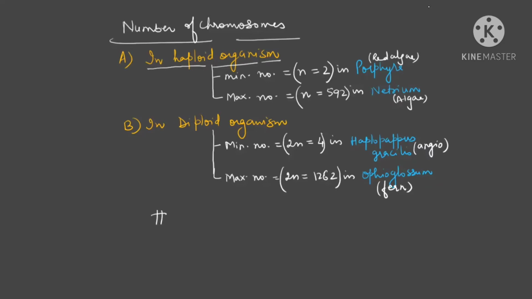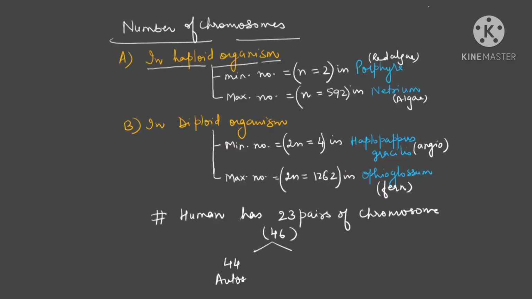Here I just want to mention that humans have 23 pairs of chromosomes. It means the total is 46 chromosomes, out of which 44 are autosomes.